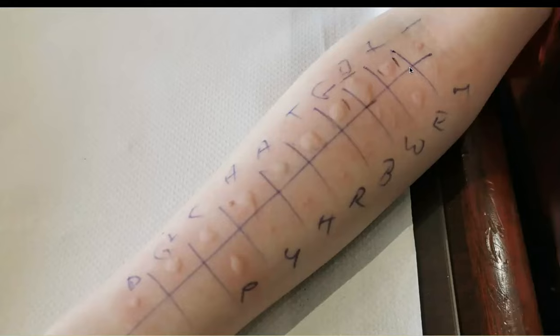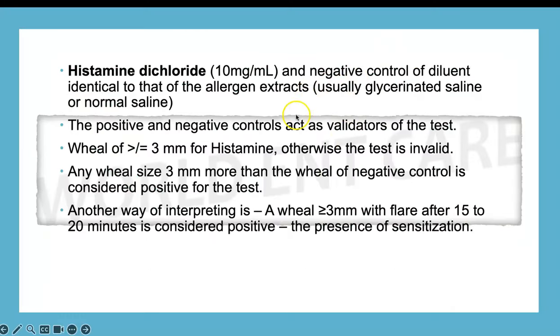So histamine should be this much. Now any wheal of size 3 mm more than the wheal of the negative control is considered positive for the test. Another way of interpreting is that a wheal of 3 mm with a flare after 15 to 20 minutes is considered positive, and that is the presence of sensitization.